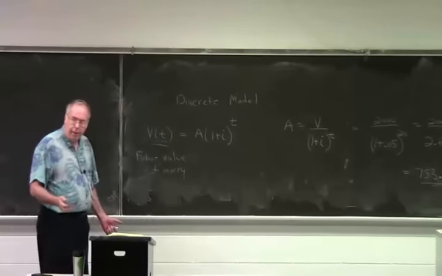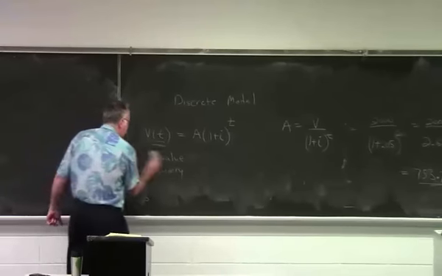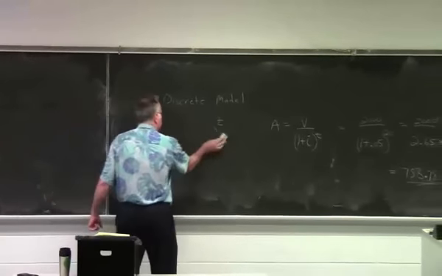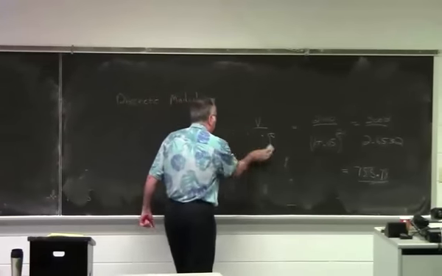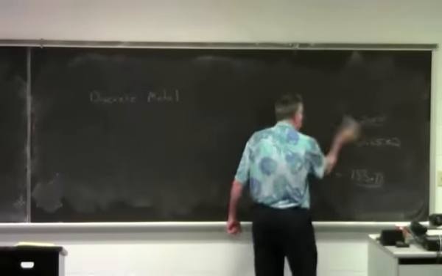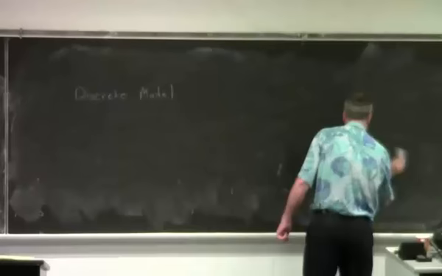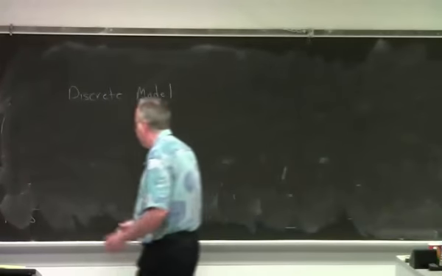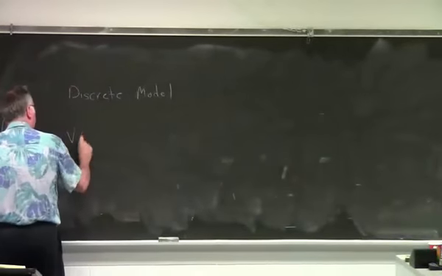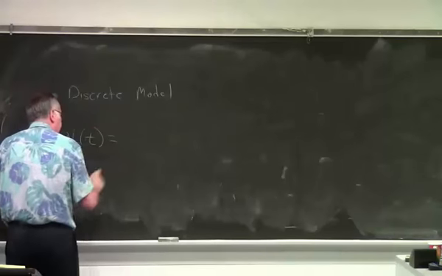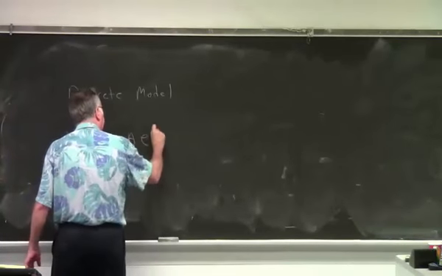Now, this is the discrete model. There's a similar model for continuous growth. For the continuous growth model, you have this. The future value of money is V equals A times e to the rt power.